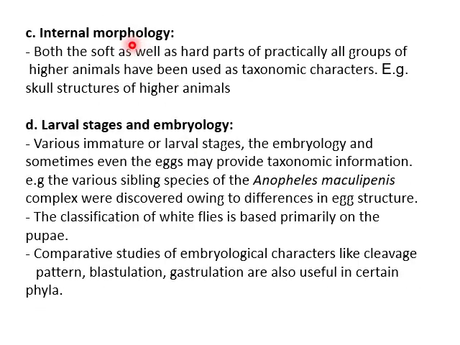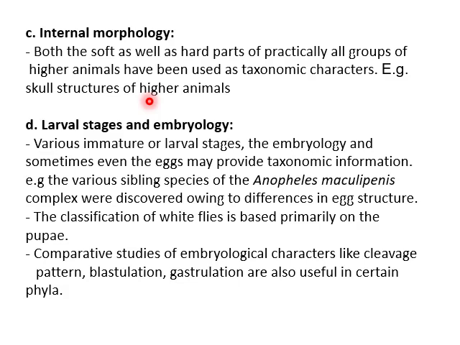If we talk about internal morphology, both the soft as well as hard parts of practically all groups of higher animals have been used as taxonomic characters. For example, the skull structure of higher animals. You have already seen the skull structure of different animals.